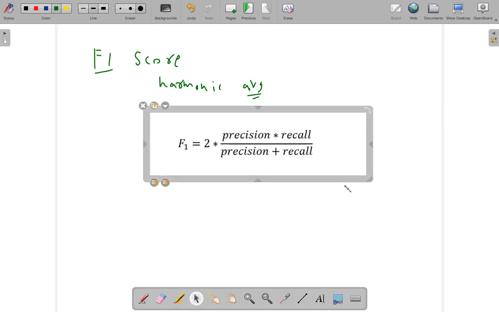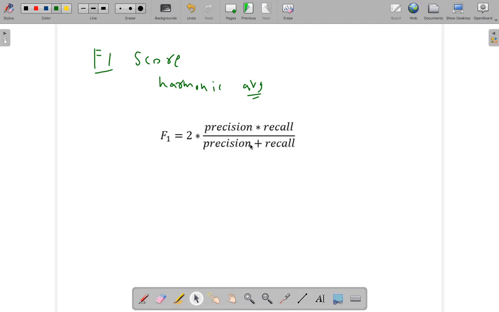So again they use this concept of harmonic mean. The harmonic mean is good because if you use the normal average, it can be affected by extreme values and make things a bit confusing. But with the harmonic mean, you can remove those extreme values.